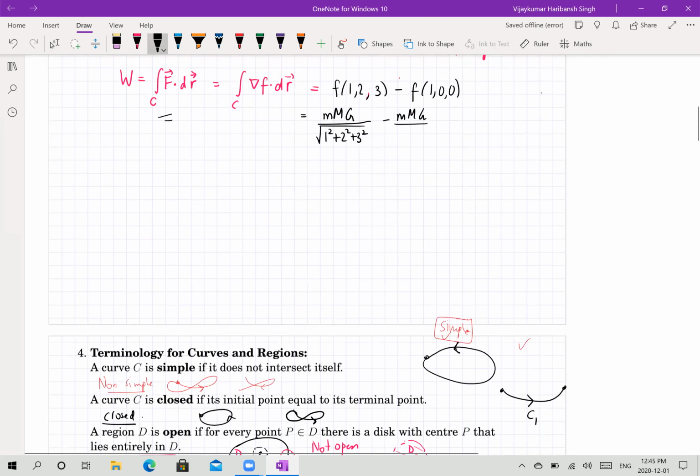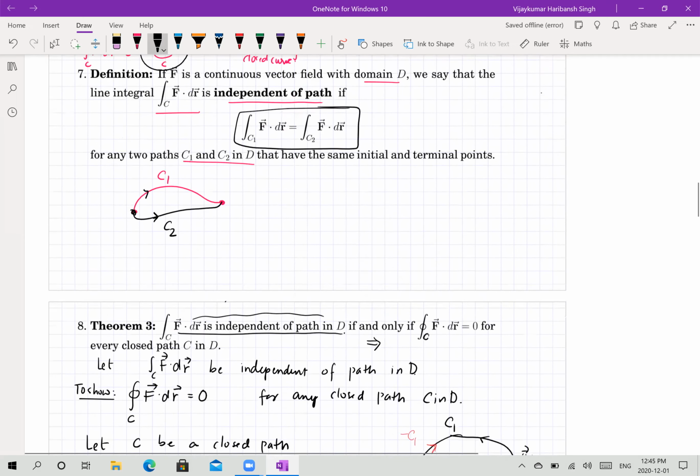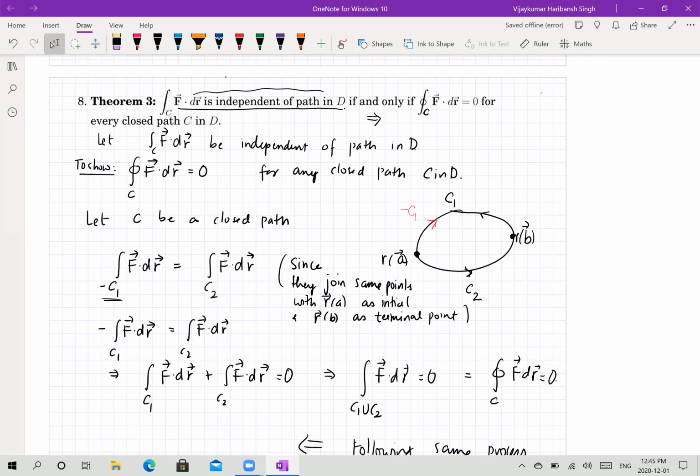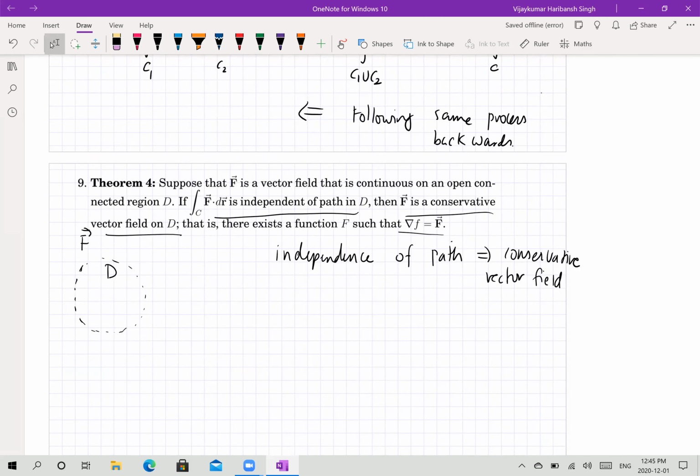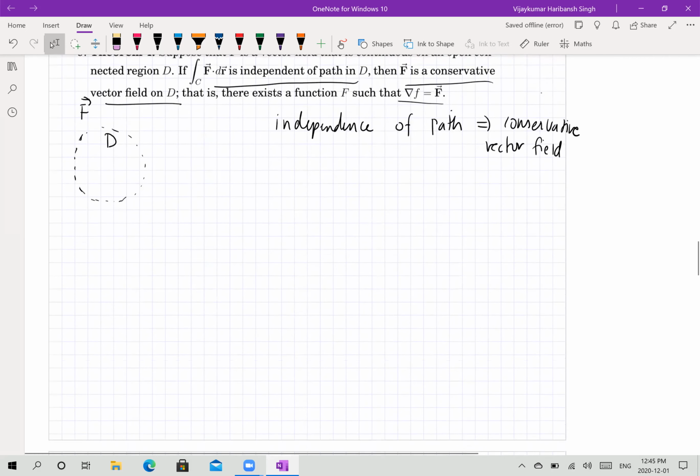Now we are asking the other way around: if the integral is independent of path, is the vector field conservative? And the answer is yes. If F is continuous on an open connected region D and the integral of F dot dr is independent of path, then it's conservative. So independence of path implies conservative on a special domain, which is an open connected domain D.